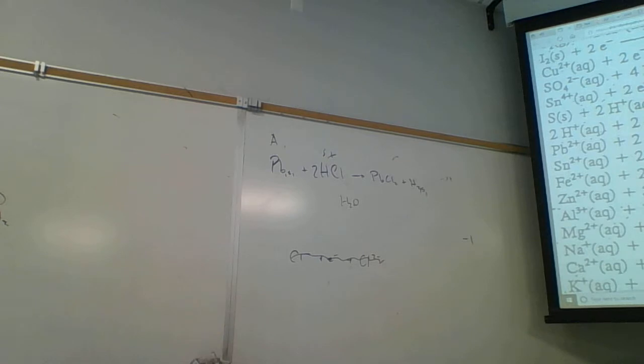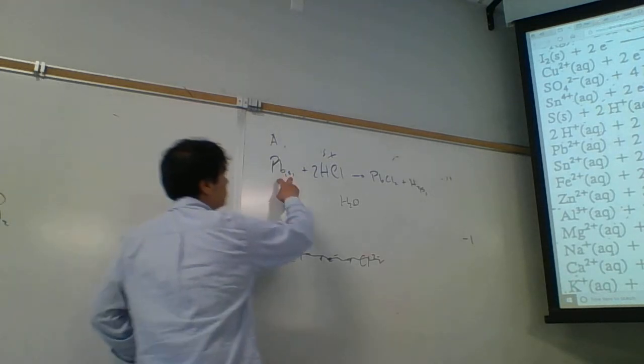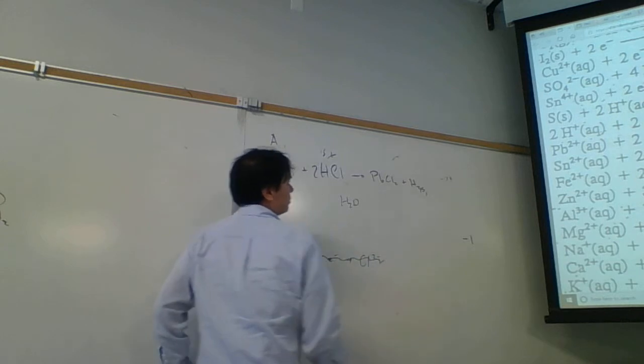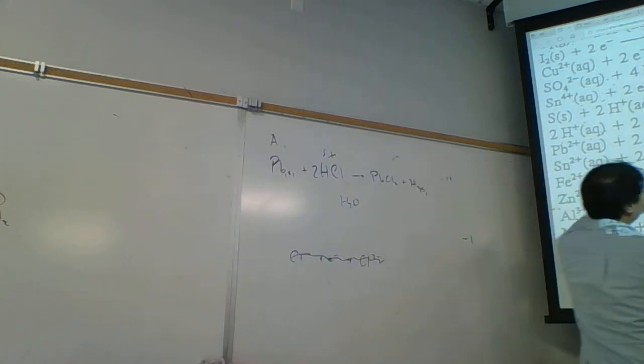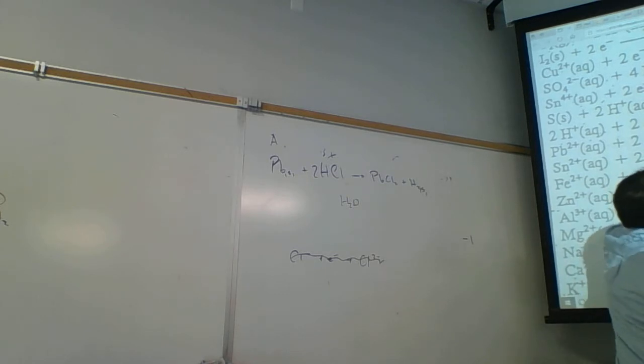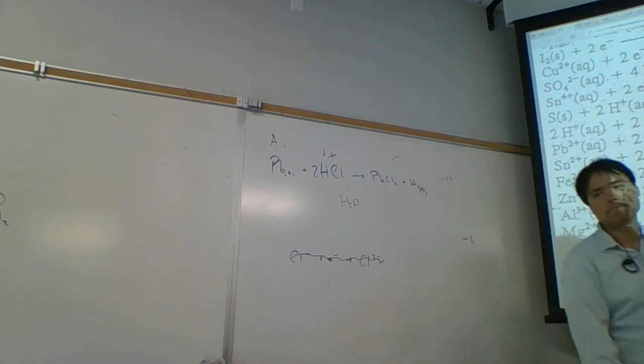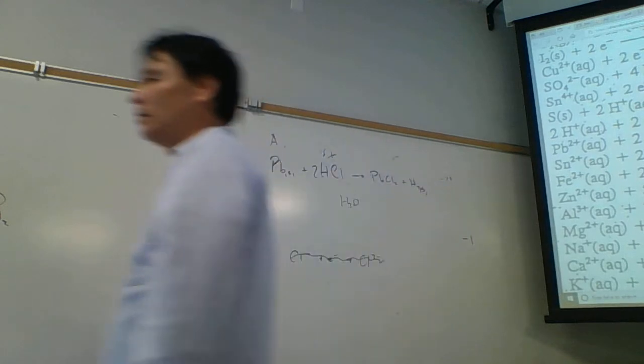Looks like lead is more active, hydrogen is less active. So we're going from stronger reducing agent to weaker reducing agent, or more active element to less active element. Lithium's the most active down here, so lead's closer to lithium, hydrogen's a little farther. They're both pretty active though.